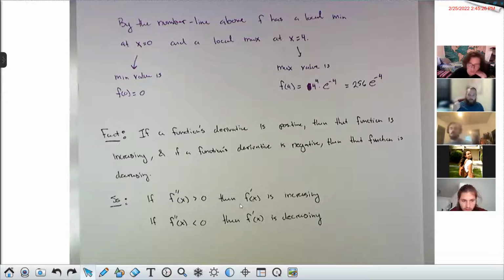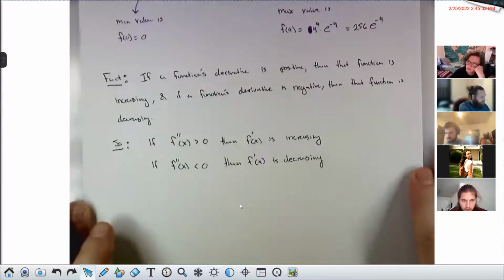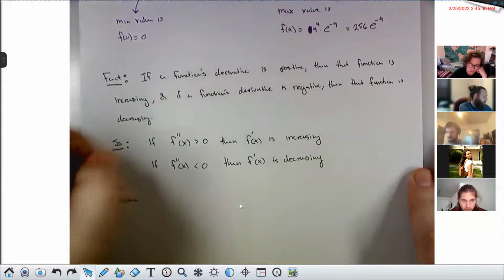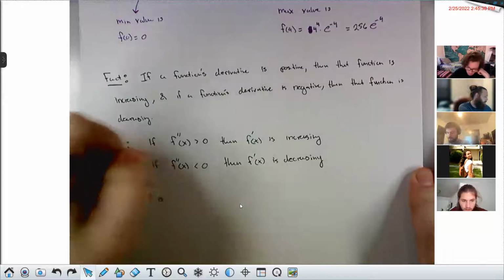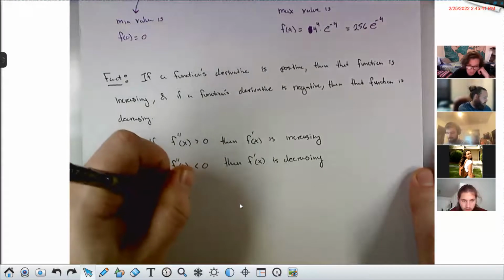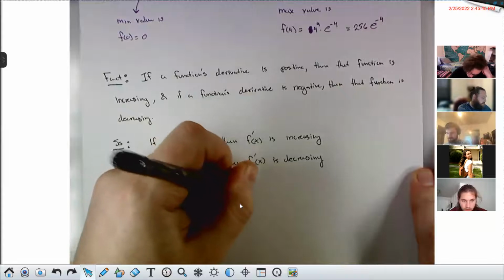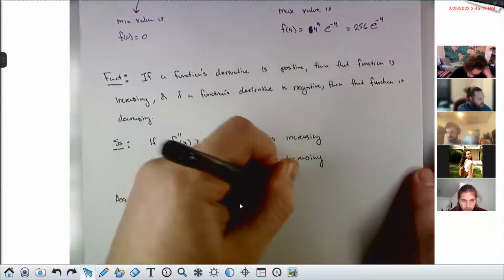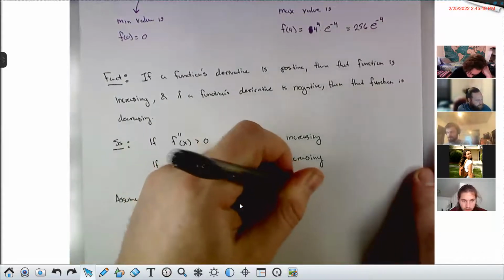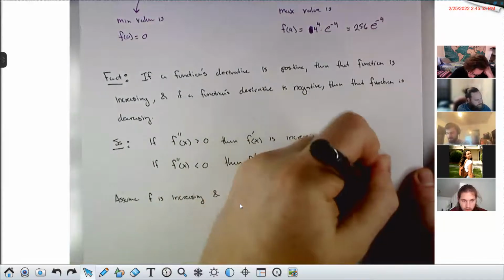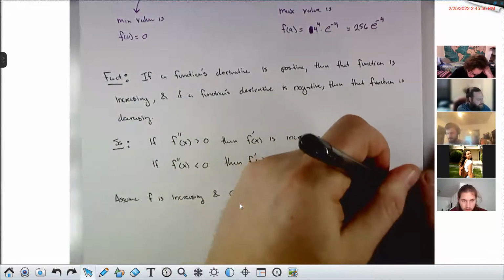So I said that a little bit wrong, but let's sketch some pictures. Let's assume f is increasing and consider f prime increasing or f prime decreasing.